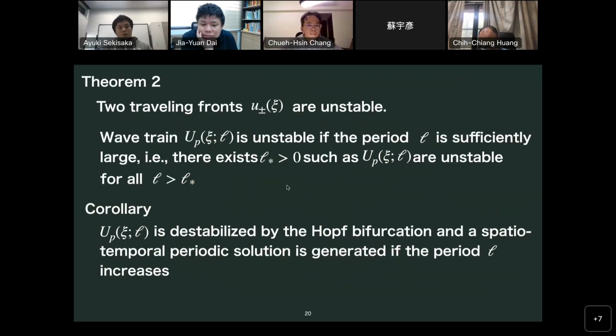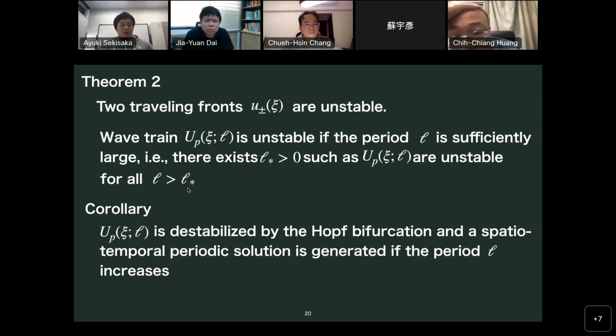Okay, theorem 2. Theorem 2 is the instability of periodic waves. The two traveling fronts are unstable, and the wave train is unstable if the period L is sufficiently large. That is, there exists L star such that periodic waves are unstable for all L larger than L star.